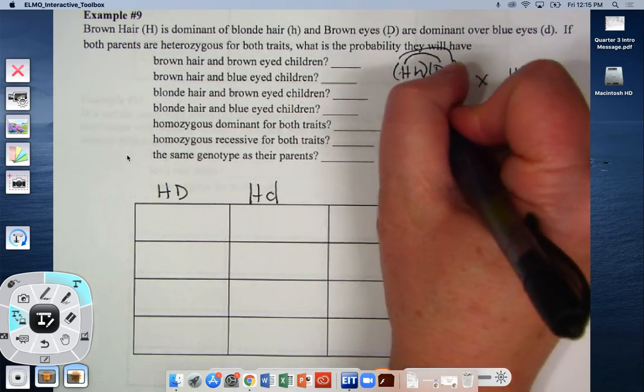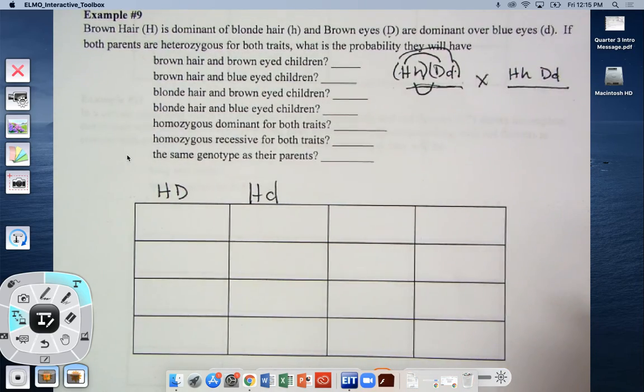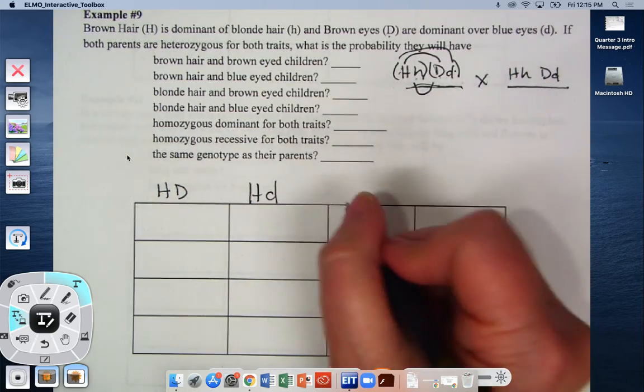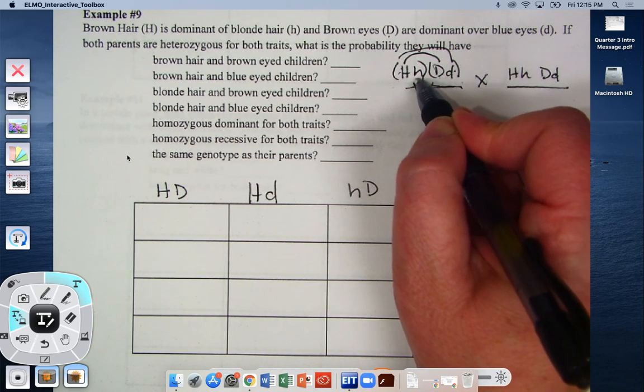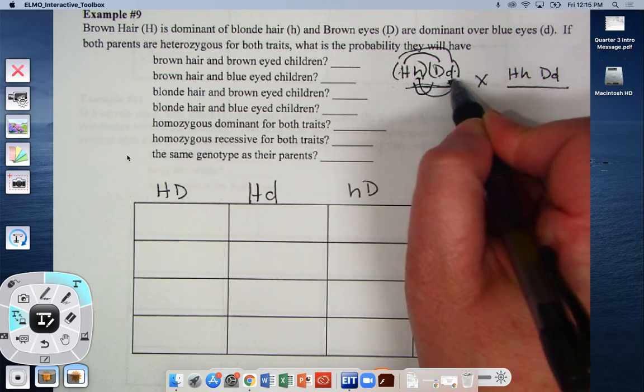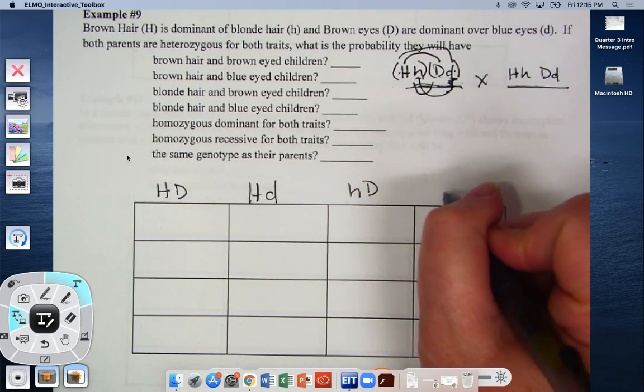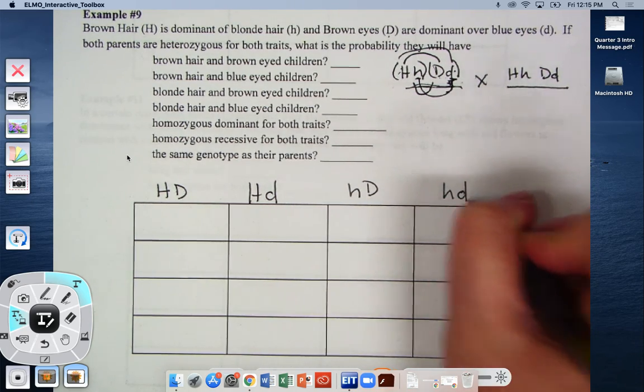Then inside, so little h, capital D. And then last, this last one and that last one: lowercase h, lowercase d.